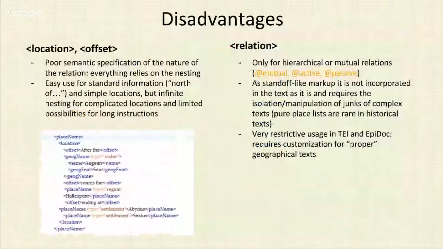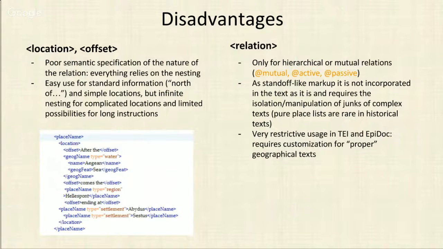And so this is part of the disadvantages of relation, that in a high semantic variety of things, which we typically find in historical documents, you have a very strict type of semantic relation that you can encode. And also, as I showed you, it requires a type of markup which is actually not incorporated in the text itself. And it requires you to create a list of places in order to encode the relation.